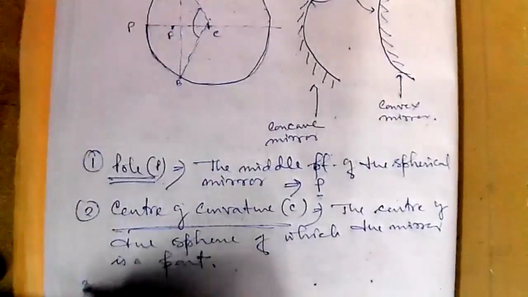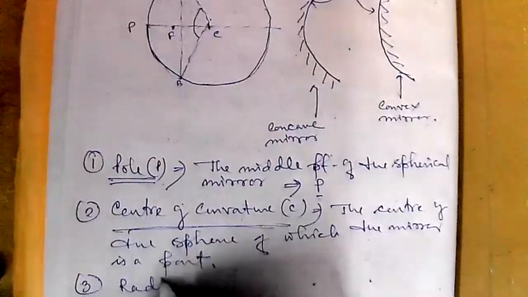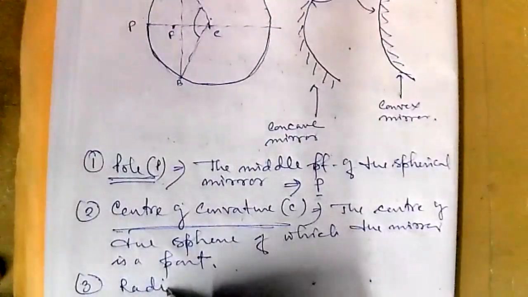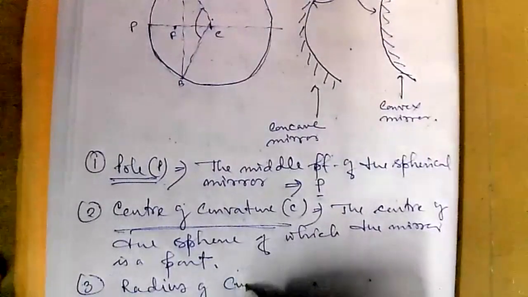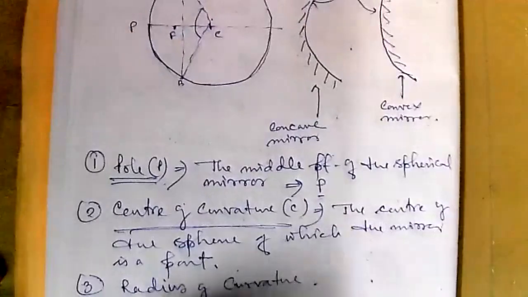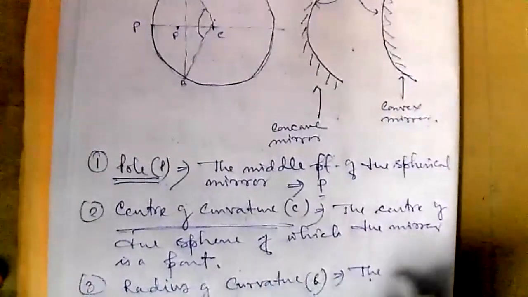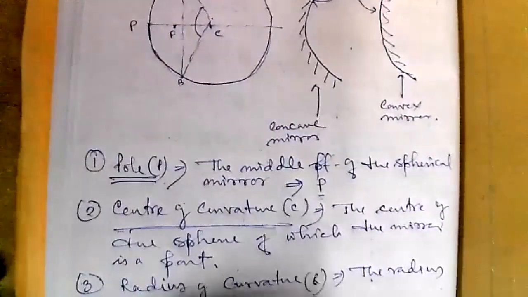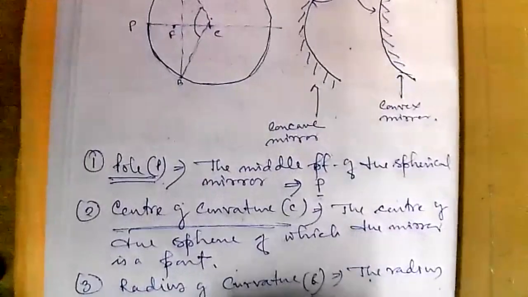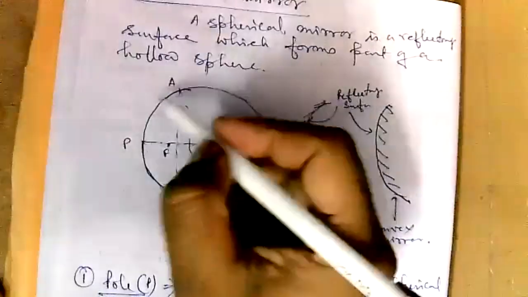Next, radius of curvature, R. The radius R equals AC equals BC.